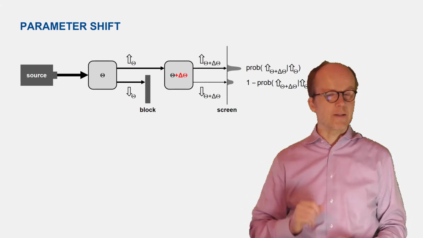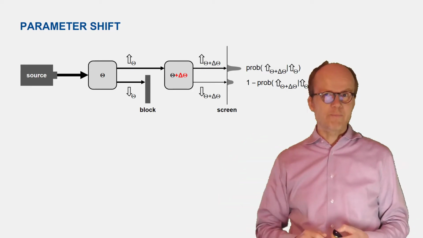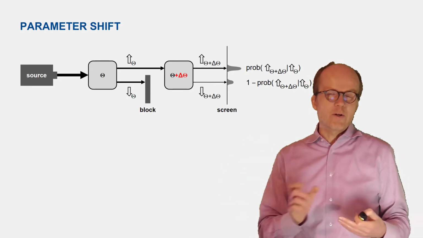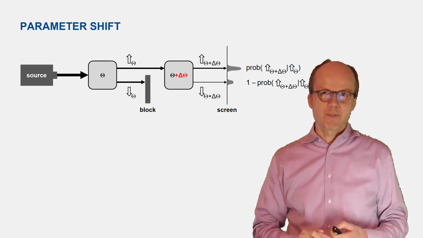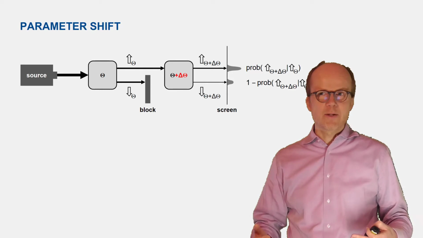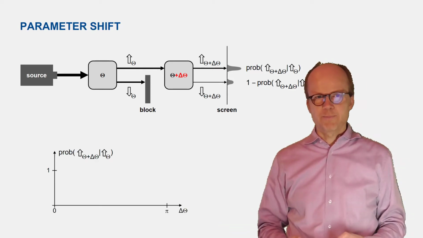The probability for the particle exiting again in the upper beam is a function of this parameter shift delta theta. There are a few special cases where we can immediately give the probability.